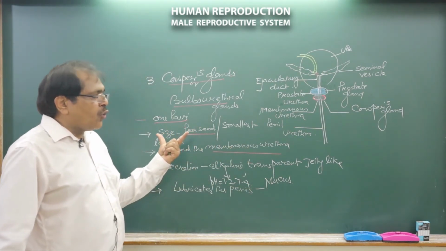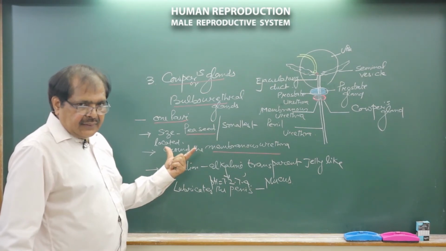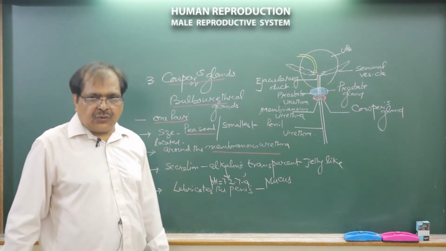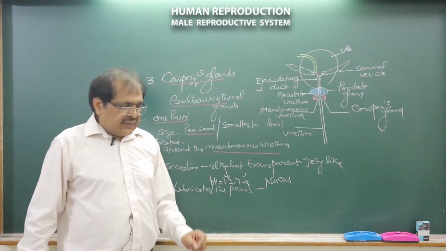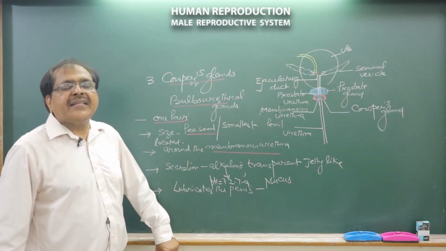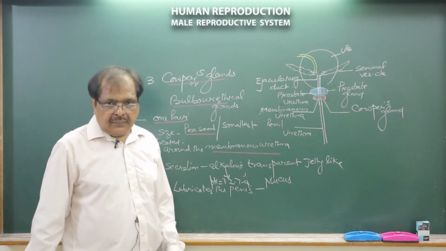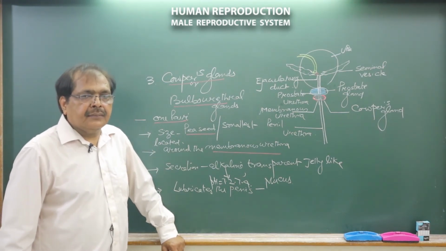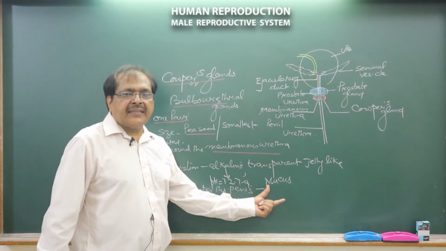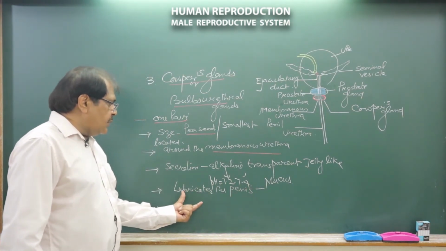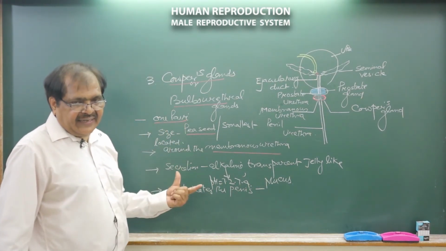The secretion of the Cooper's gland contains a large number of spermatozoa. This is the reason for the failure of the withdrawal method of contraception, because a lot of sperms are there in the secretion of the Cooper's gland.